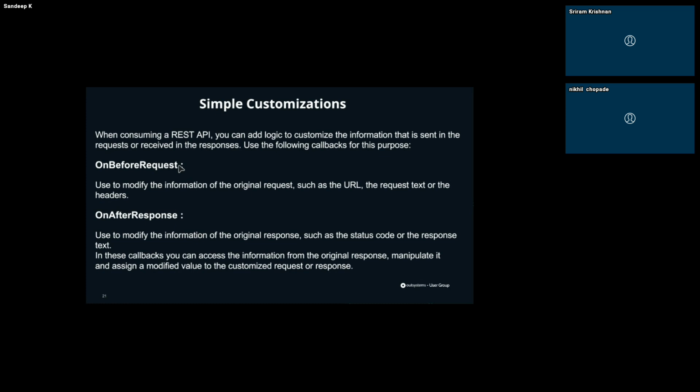If you are not using it over here, you need to call that API each and everywhere you are using it in the consumer modules. So to avoid that and to make it one place, you can use it in on before request and it will be the centralized area, so that whatever API is being triggered from this endpoint, it will trigger the token API, and it will pass the token which is coming from the token API to the subsequent API methods.